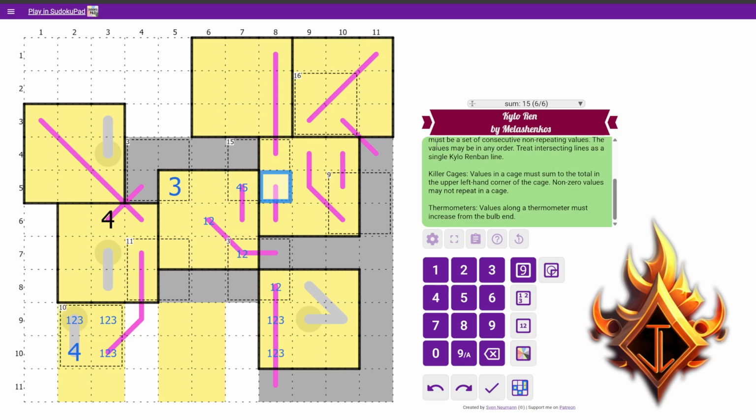I think must this one? This one cannot be 4 or 5 now. Oh, wait a minute. It definitely can't be smaller than that, right? If this is 4, then it's gotta be 5, 6, 7, and then that would be even higher. That would be like 12, but we can't have 1, 2, or 3 there. So I think this has to be 8, 9.